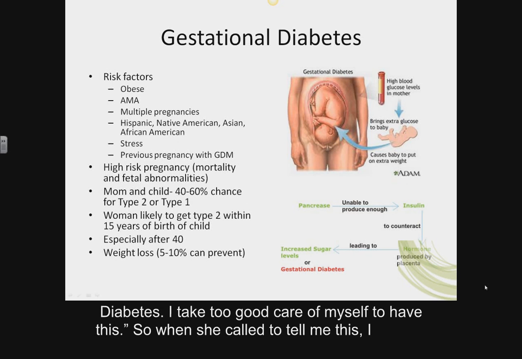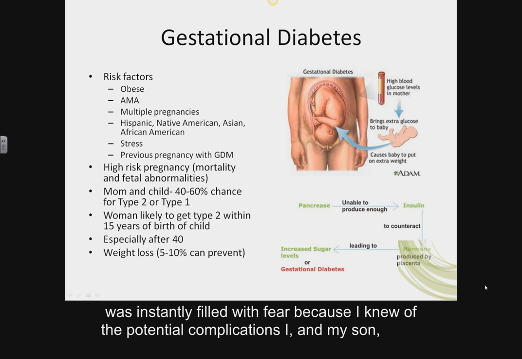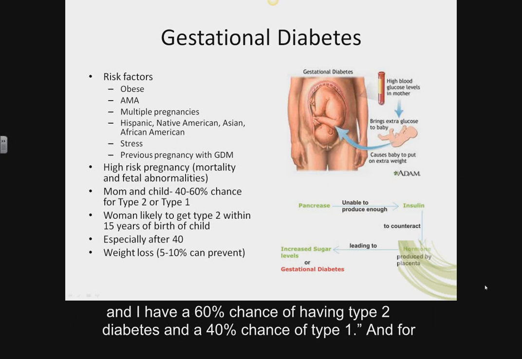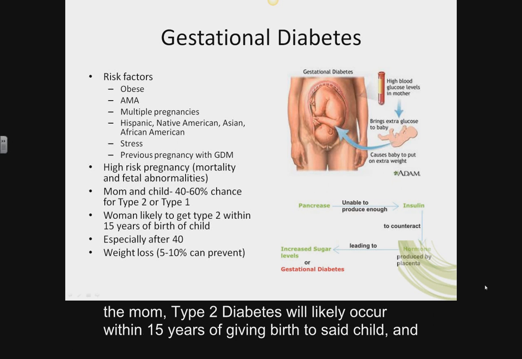So when she called to tell me this, I was instantly filled with fear because I knew of the potential complications, and my son and I both would have to deal with this. So I said to her, "You realize that by you telling me this, my son and I will have about a 60% chance of having type 2 diabetes and a 40% chance of type 1.